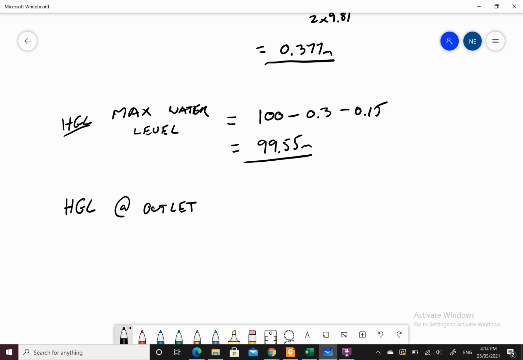So our hydraulic grade line at outlet is simply equal to our water level, 99.55, subtract my losses through the pit, 0.377 meters, and that gets me 99.17 meters.